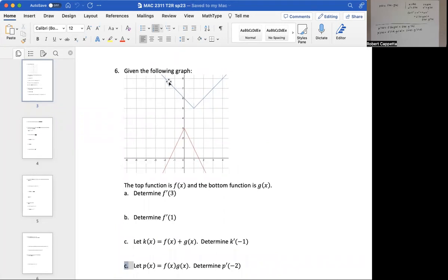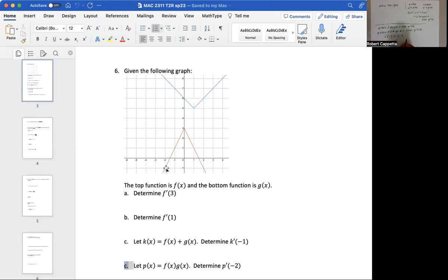F prime of negative 2, slope is negative 1. G of negative 2, G is the bottom function. If X is negative 2, the Y value here looks like it's negative 1. So you plug an X value in of negative 2, the value of the function is negative 1. So G of negative 2 is negative 1.